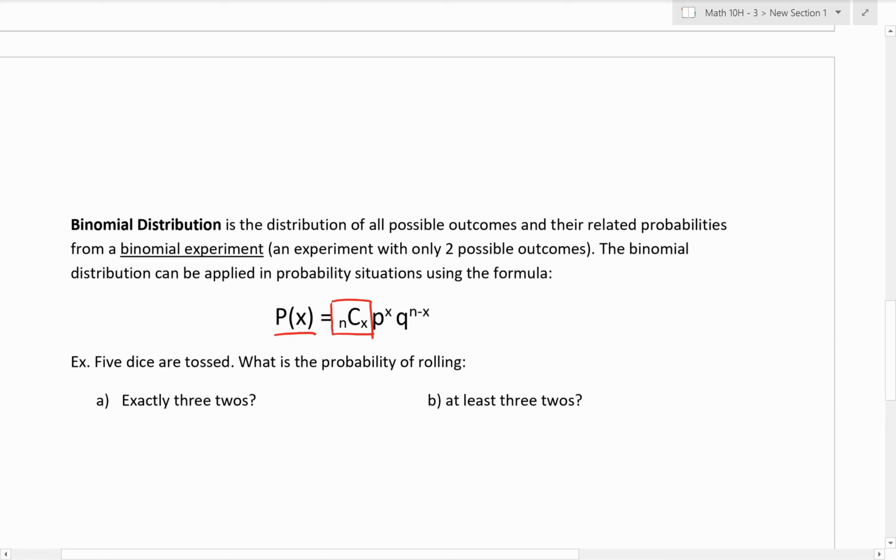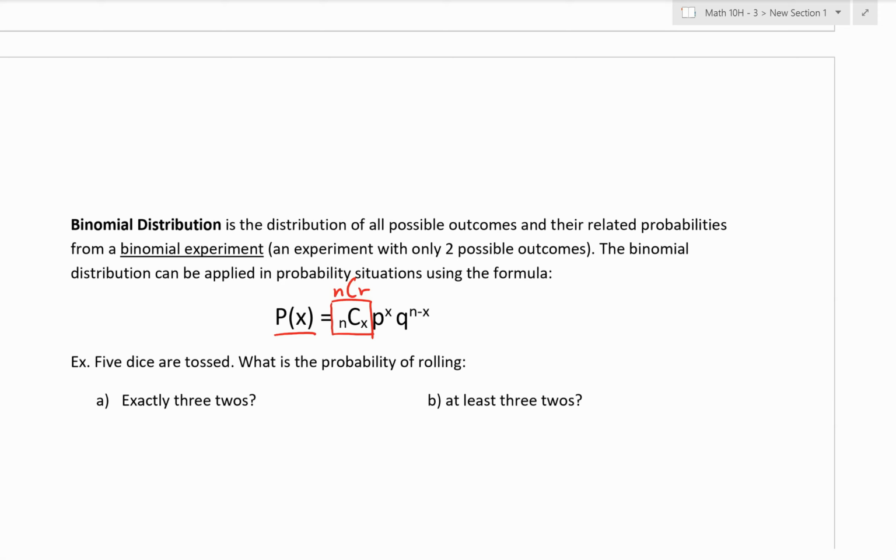If you look for it, there's an nCr button. Again, n is the total number of trials, and r is the number of favorable outcomes that we want. P is the probability of happening, Q is the probability of not happening.